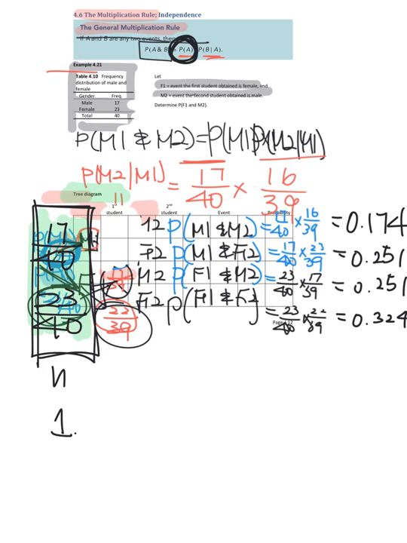The first one here and there, the first one was 16 out of 39, and the second one was 23 out of 39. Am I correct? Can you take the sum of these two, please? 16 out of 39 add 23 out of 39.